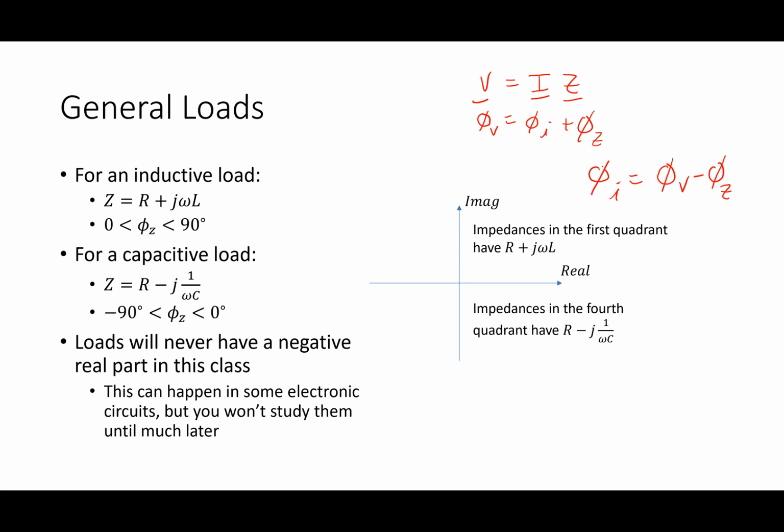Do I have impedances in the third or the second? Typically no, because that would mean a negative resistance. I would have to have some kind of active device generating power to do that. That's outside of 2112. So basically, the impedance angle is what determines that.